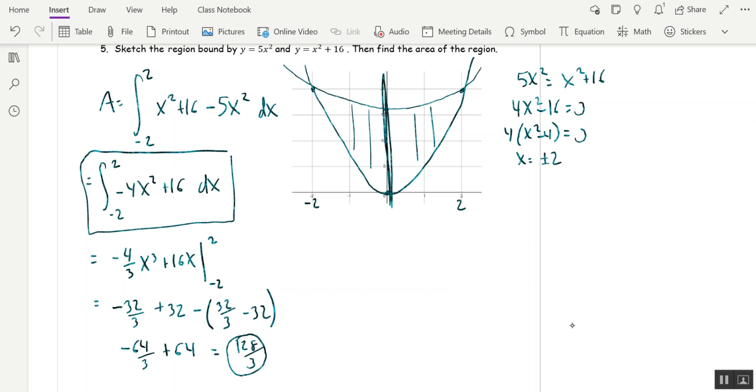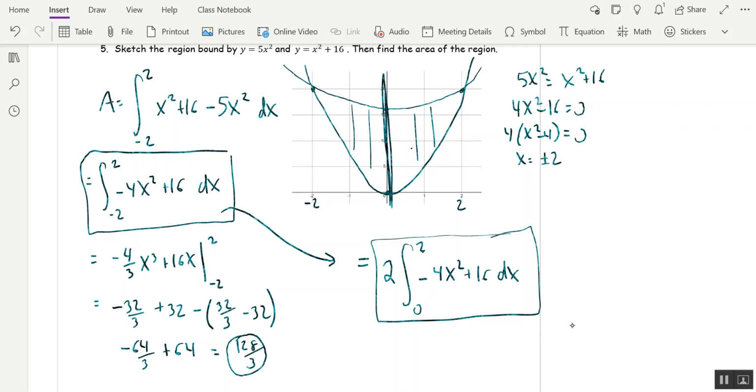All right, a quicker way, when you have a region that is symmetric with respect to, in this case, the y-axis, you can find the area of half the region and multiply by 2. So this integral here is actually equal to twice the integral from 0 to 2 of -4x squared plus 16 dx.